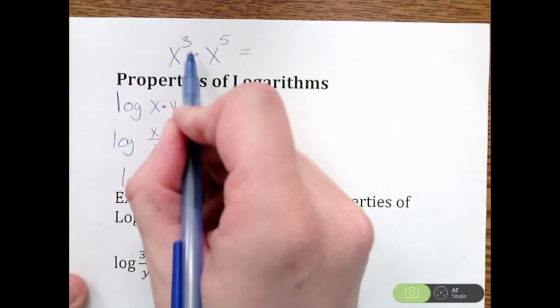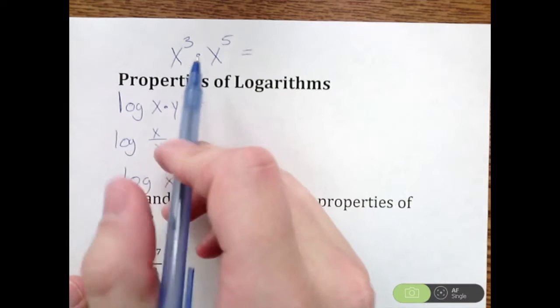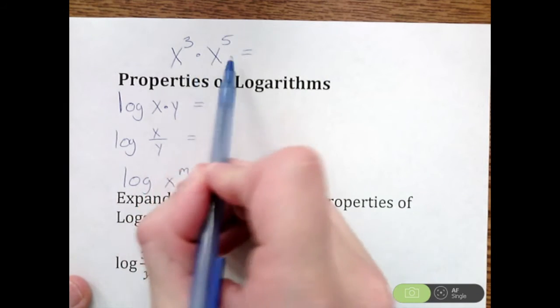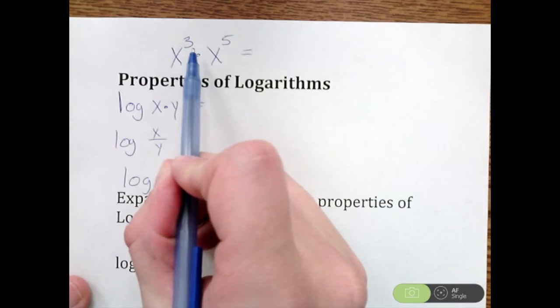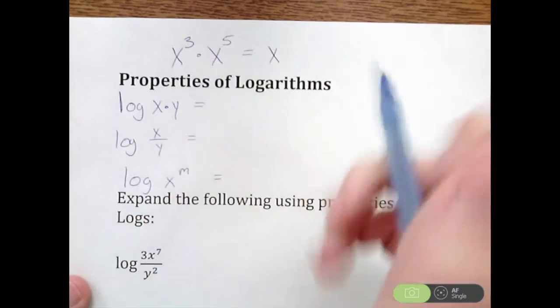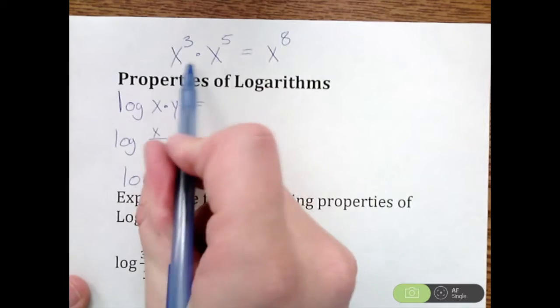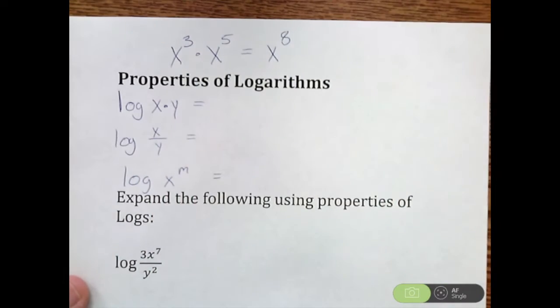If I have x to the third times x to the fifth, I'm multiplying two pieces, with a 3 there and a 5 there. To condense, the shortcut is we added the exponents.